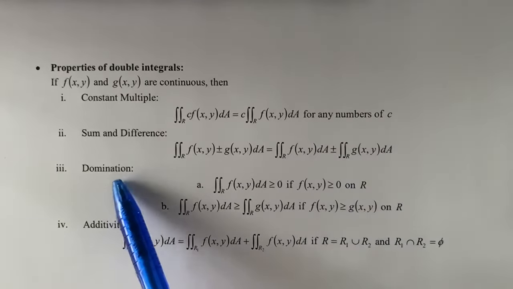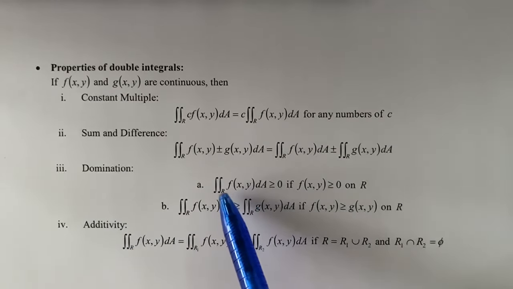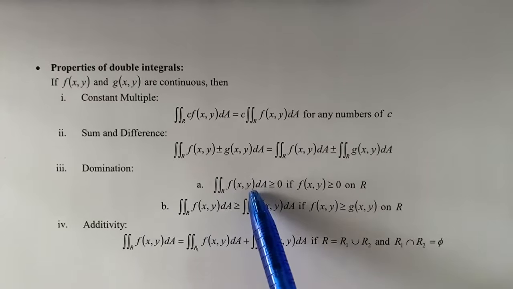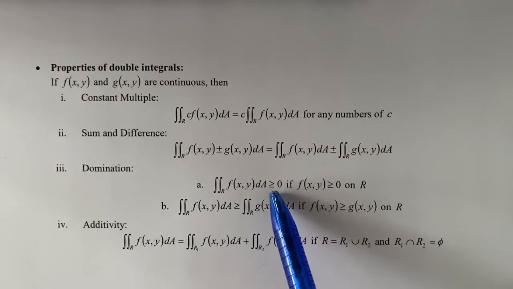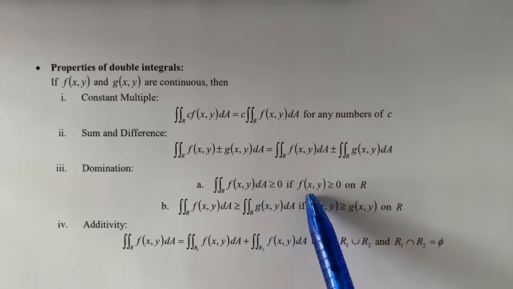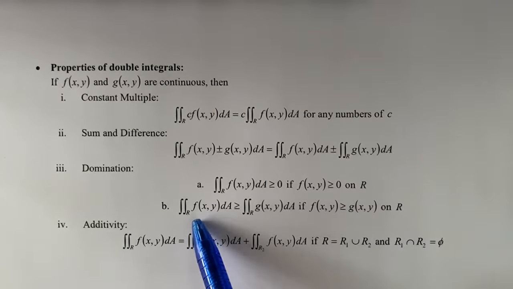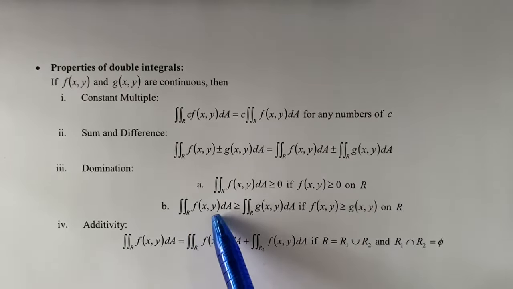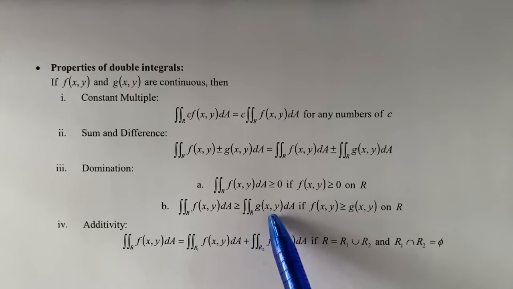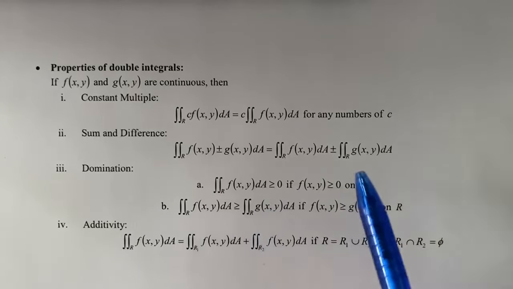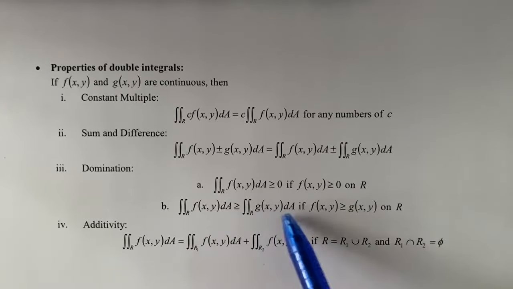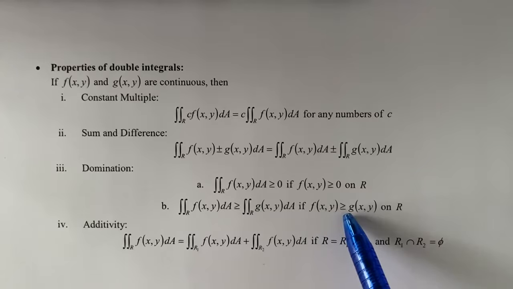And then domination: if your function f(x,y) is greater than 0, then the double integration of f(x,y) is greater than 0. And the second one, for domination, if f(x,y) is greater than g(x,y), then the double integration of f(x,y) is greater than the double integration of g(x,y).